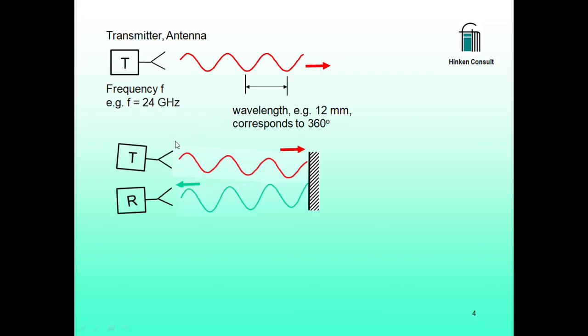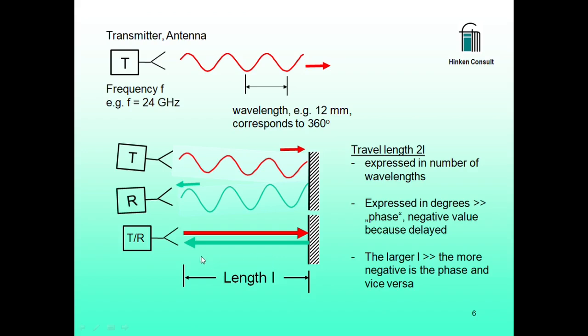If we have a transmitted wave which is incident on a metal plate, it is reflected and can then be received by a receiver, as it is seen here. The transmitter and the receiver can also be within one instrument. The length between the antenna and the reflector, let's call it small l.